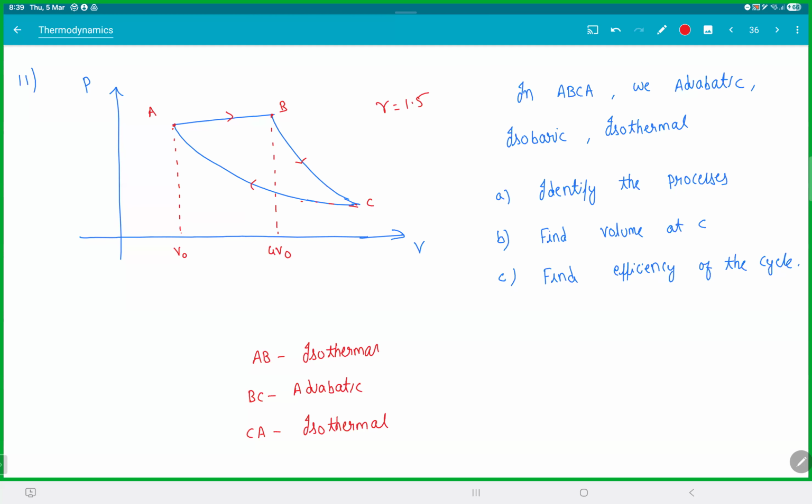Anyone got the volume? Sorry, AB is isobaric. I wrote isothermal.